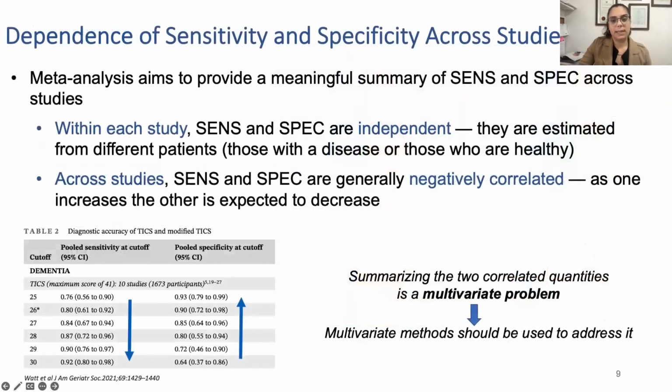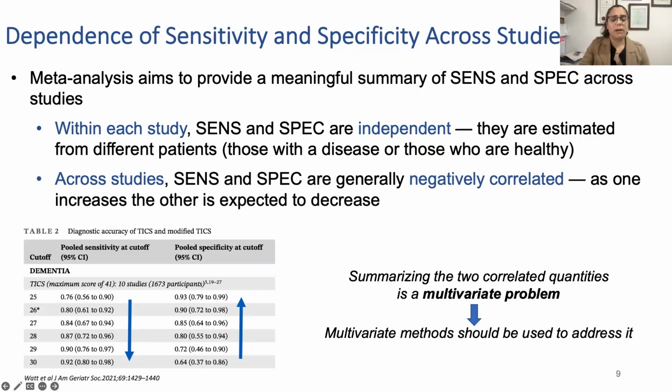Now, on the meta-analysis level, our goal is to give an overview of the performance of the diagnostic test. And diagnostic test accuracy meta-analyses usually use one pair of sensitivity and specificity from each study. So each of the individual studies contributes the 2x2 table that we saw earlier.